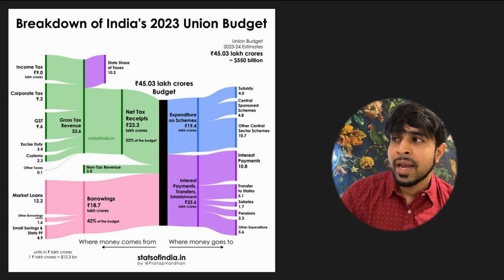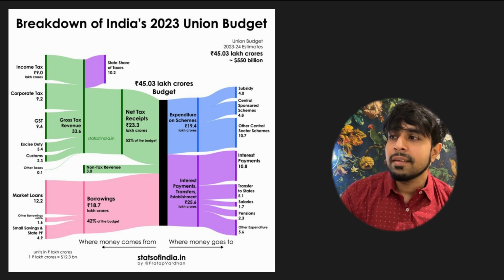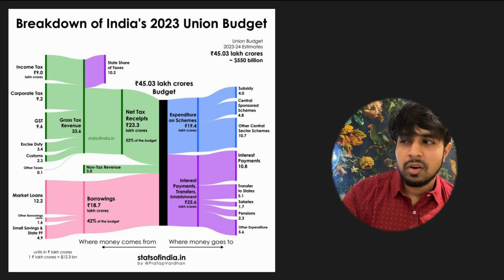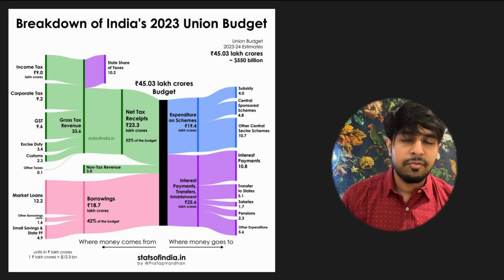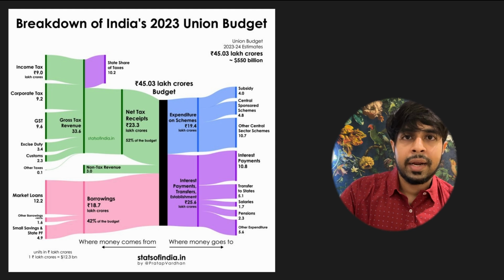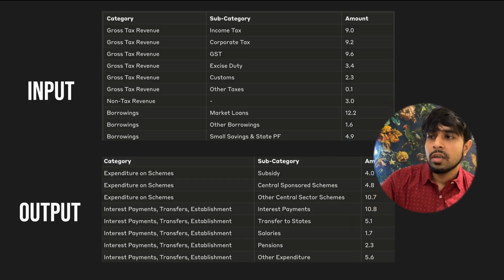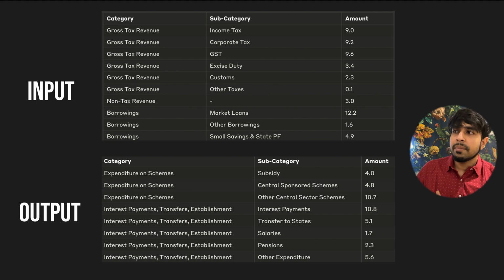On the left, we see where the money is coming from, and in the right, we see where the money is going towards. And even here, it is not super obvious how would you express this in a form of nice simple table. But similar to what we had previously, we can express this in the form of two different tables. The first one being input and the other one being output.